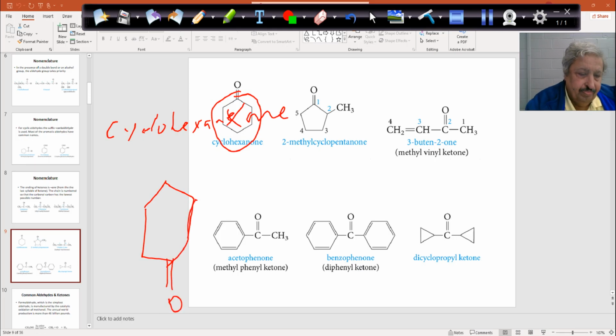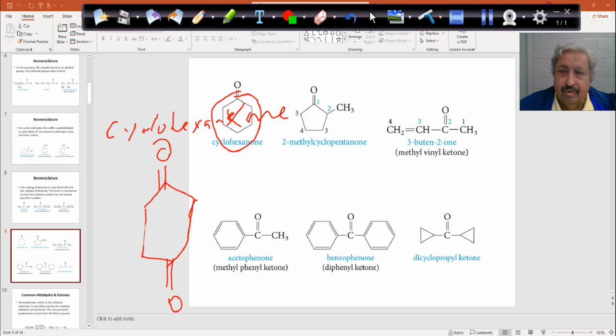You have 2 oxygens connected on both sides, top and bottom, at the 1,4 position. That's a quinone, but this one is cyclohexanone. So we name it cyclohexane, take the E out, add O-N-E at the end.